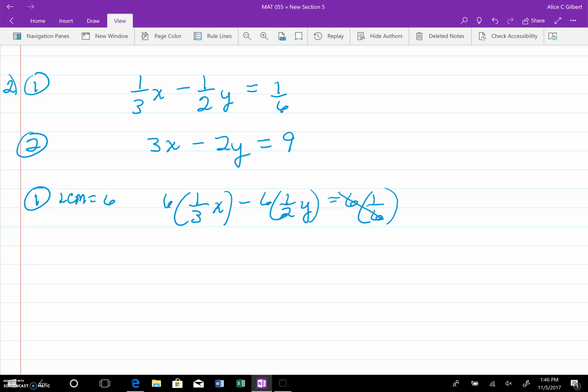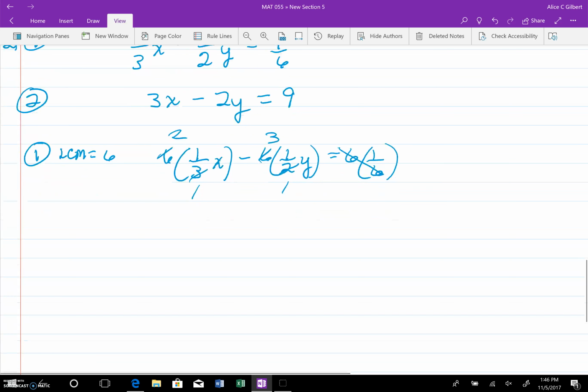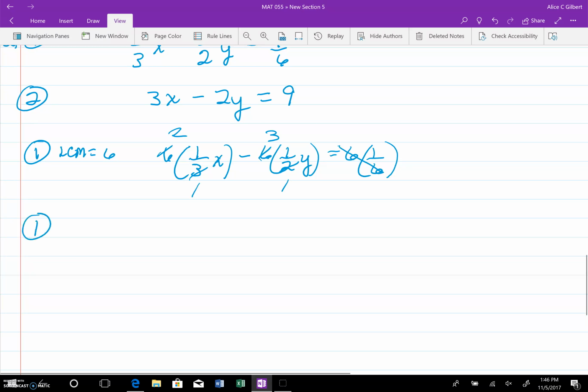So these are gone. That's 3, that's 2. So now my equation number 1 is actually 2x minus 3y equals 1. And my second equation is 3x minus 2y equals 9.